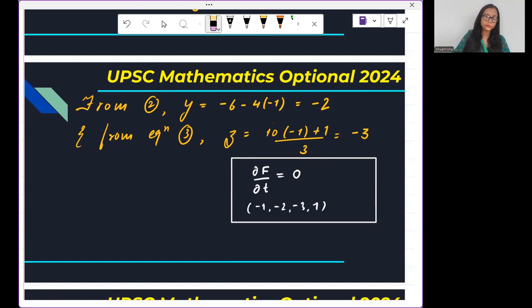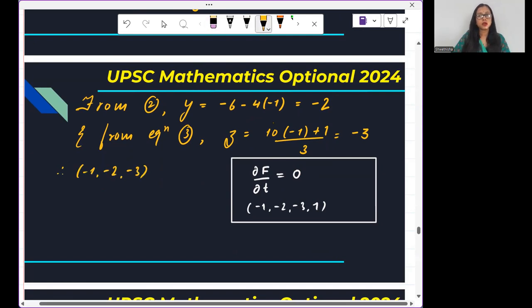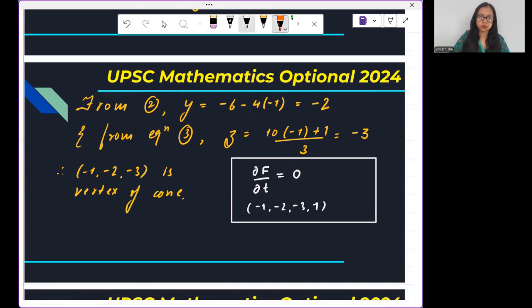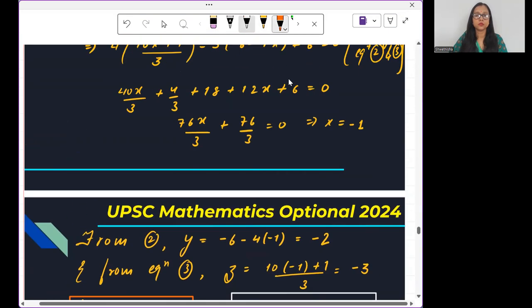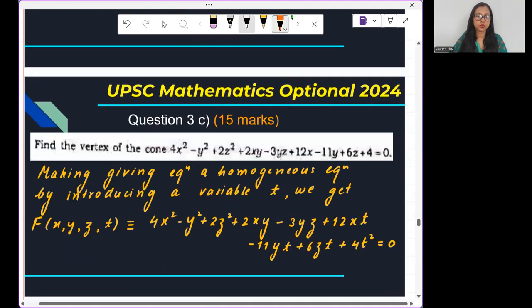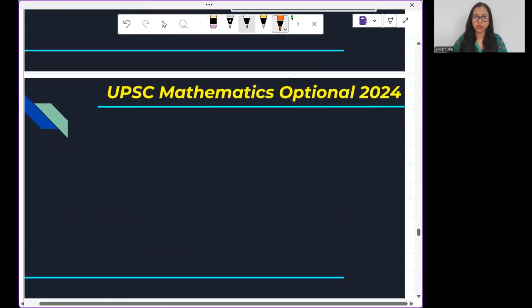And hence, therefore, -1, -2, -3 is the vertex of the cone. This was your third C part.